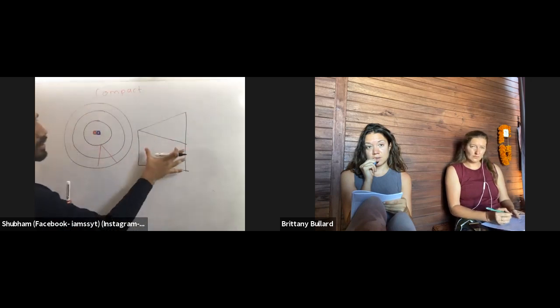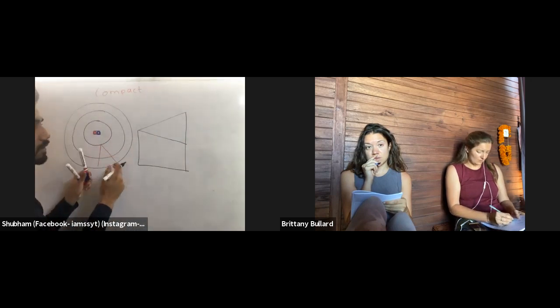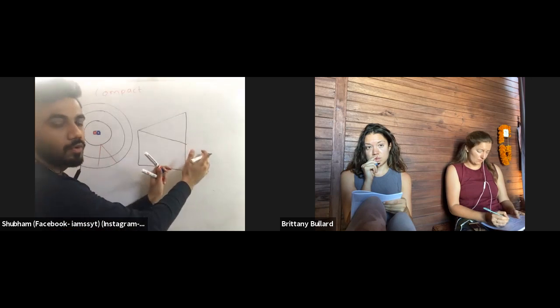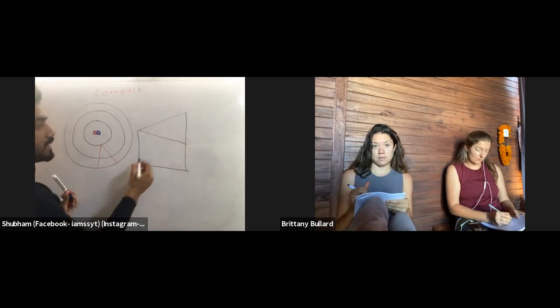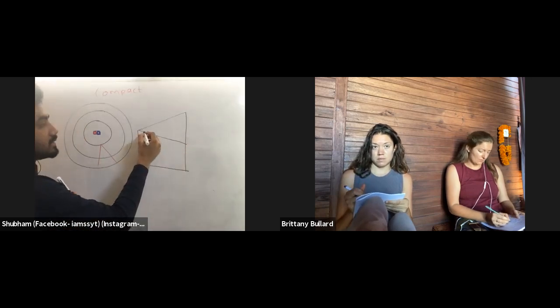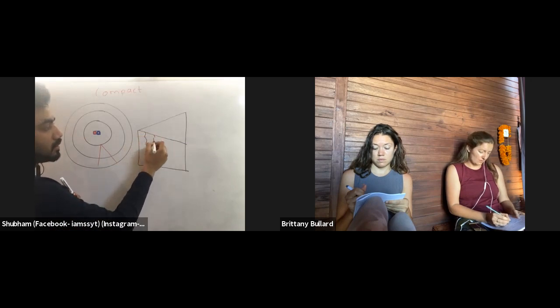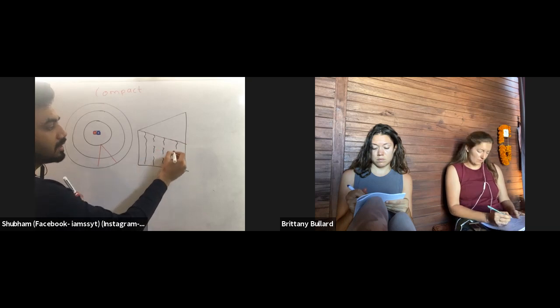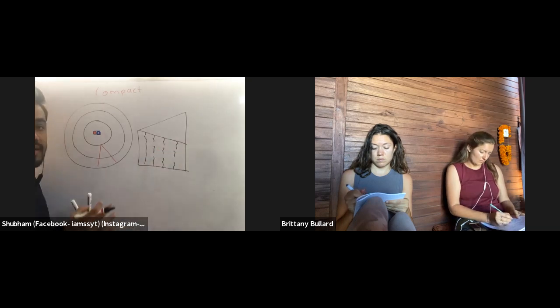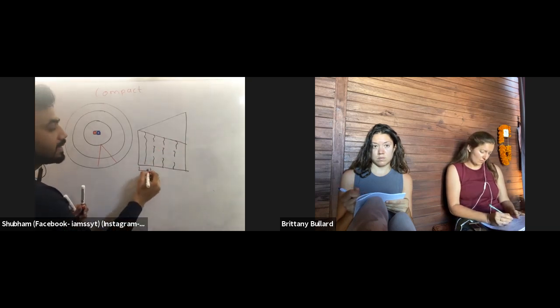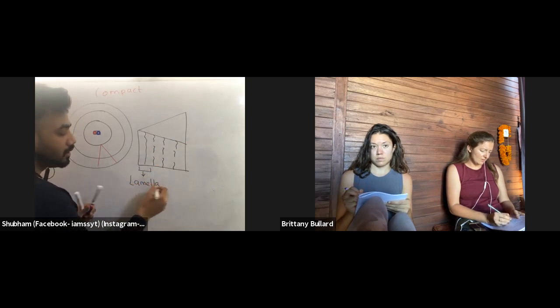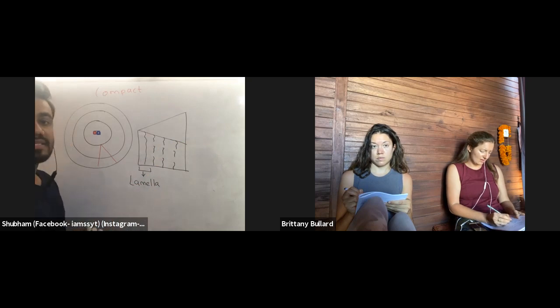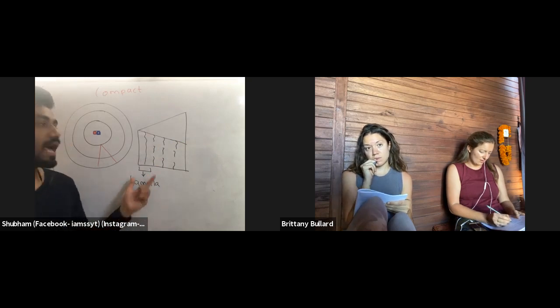This is the section of the red one which we have removed. And what will be present there? There will be a number of parallel series. Those parallel series are called lamella.